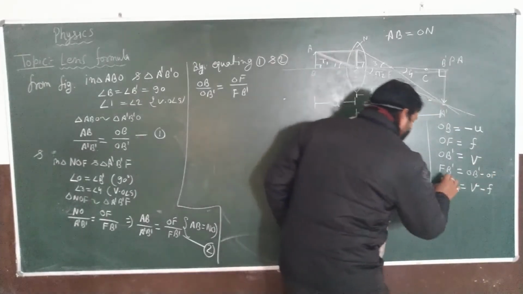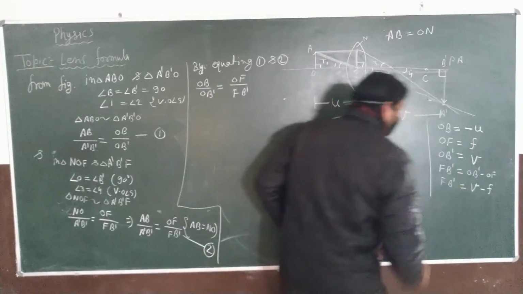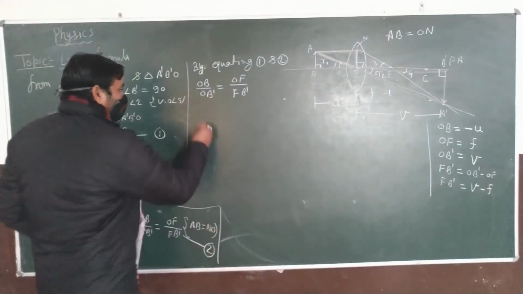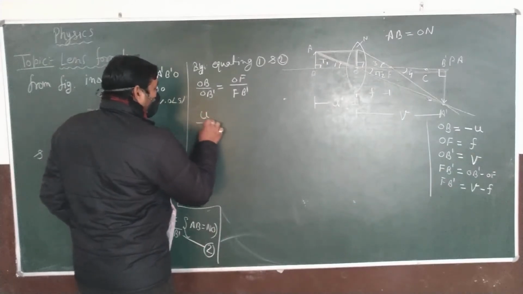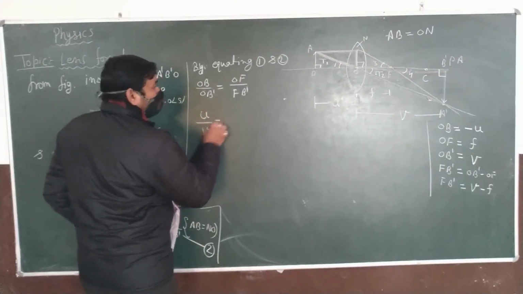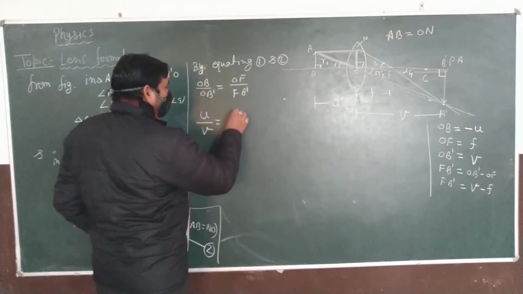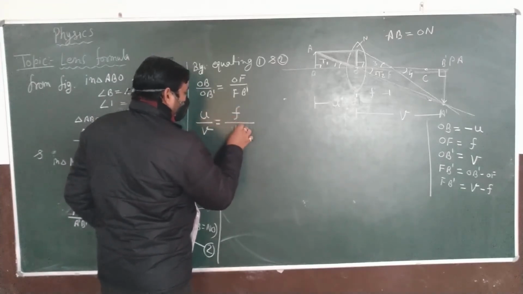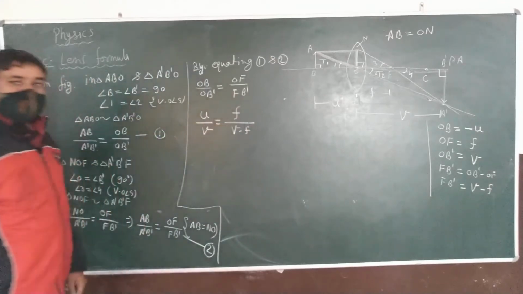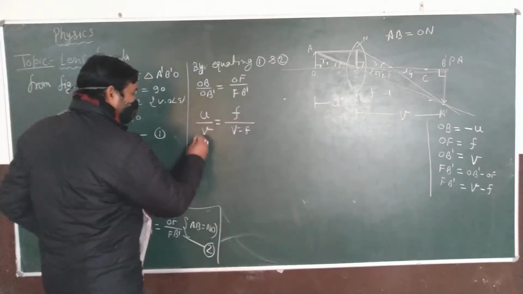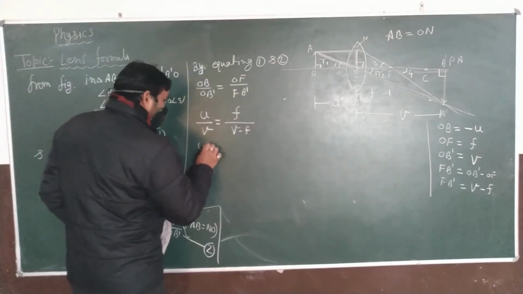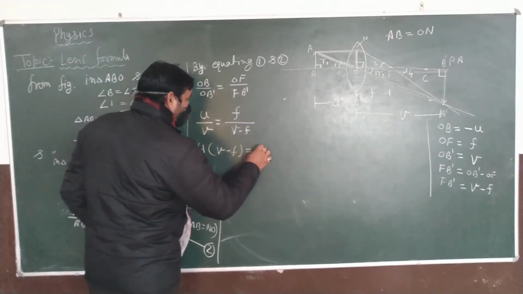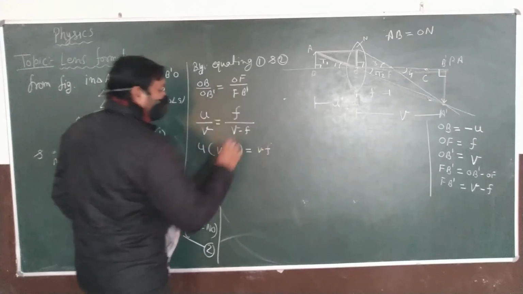Okay, FB dash. By putting all these values in this equation, we get u upon v is equal to f upon v minus f. Now multiply this, we get u times v minus f is equal to vf.